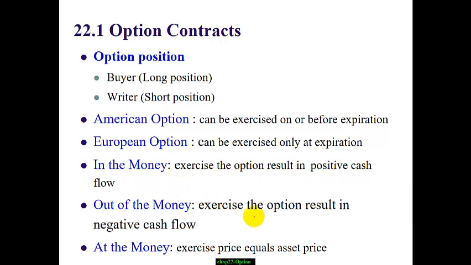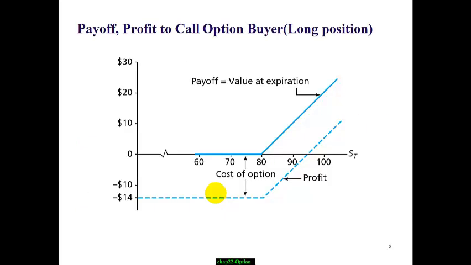If negative cash flow, we call it out of the money. If it breaks even, we say it's at the money. If you are the buyer and own the option, you may want to exercise only when the option is in the money. As you paid to buy the option, you may walk away when the option is out of the money. Let's look at them one by one.